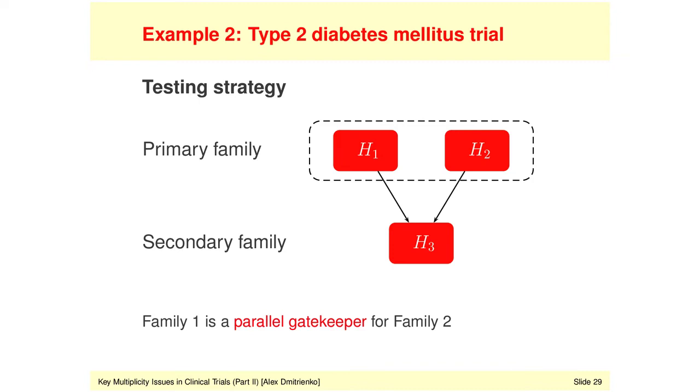So if we follow those decision-making paths, we can see here that with a single rejection in the primary family, we can claim that we have met the primary objective of the trial, and we can proceed to testing the secondary objectives that are included in family 2.